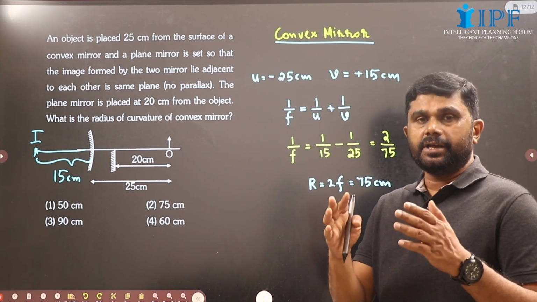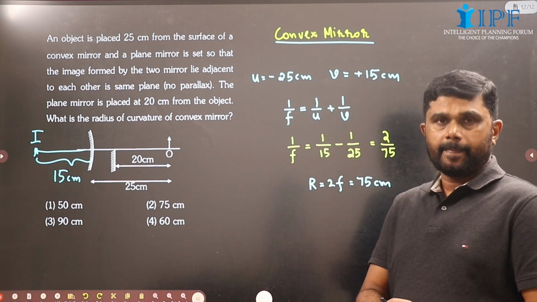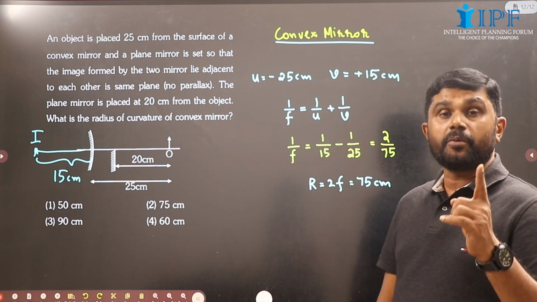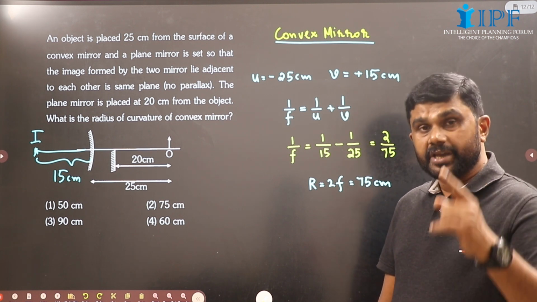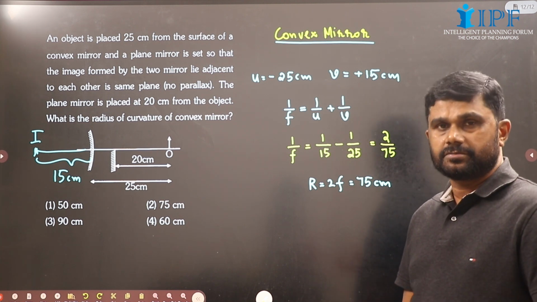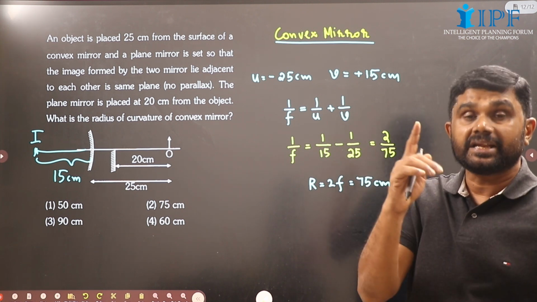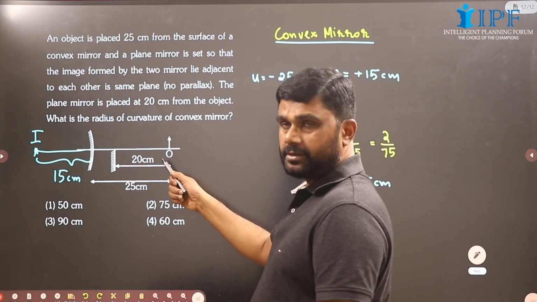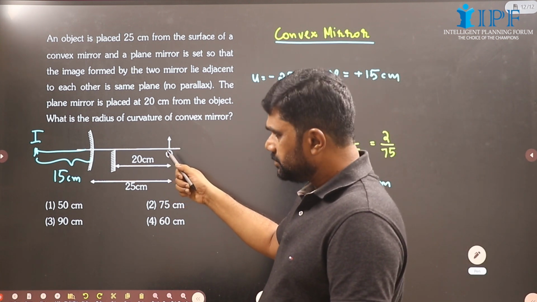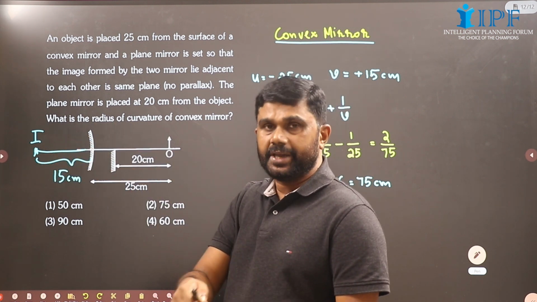That means the images formed by both the mirrors are at the same position. The image formed by a convex mirror will be behind it. The image formed by a plane mirror will be behind it. So here is the object, in front of both the mirrors, and here is the image, behind both the mirrors.